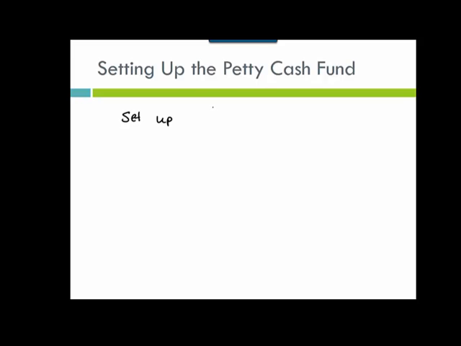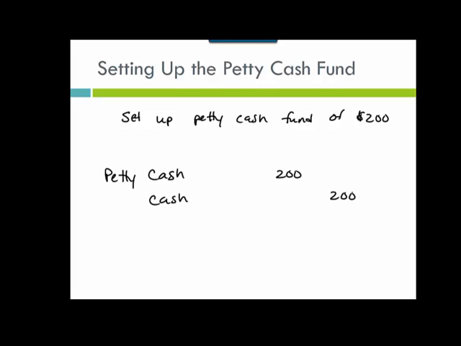So to set up the petty cash fund, let's say this is the first time, I'm going to set up a petty cash fund of $200, okay? So the journal entry to do that, again, petty cash is an asset, so I debit petty cash, $200, and then I credit cash, $200.